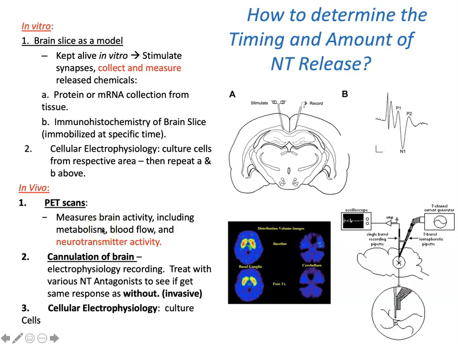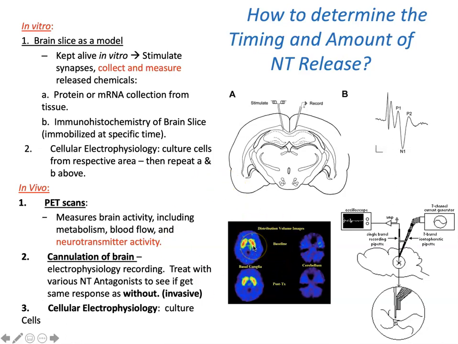But with positron emission tomography, you're basically radiolabeling a ligand that's administered via IV to the patient, and then if neurotransmitter is released during the PET scan, the radiolabeled ligand will decrease in receptors because of displacement by the endogenous neurotransmitter release. So it's kind of a backwards way of thinking of it, right?